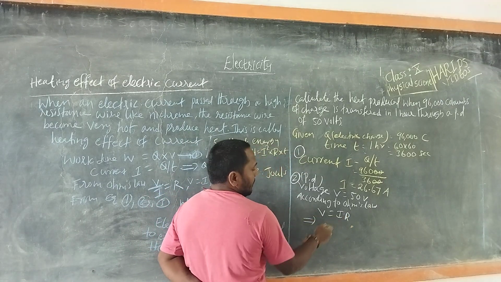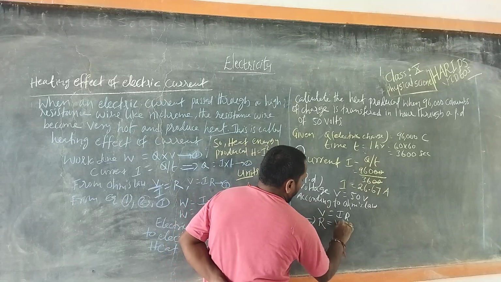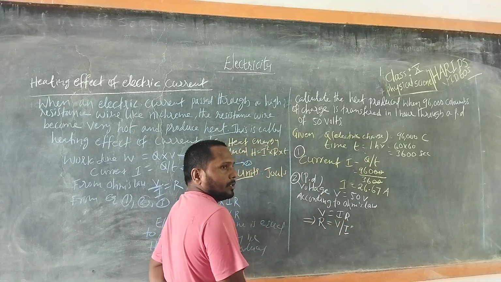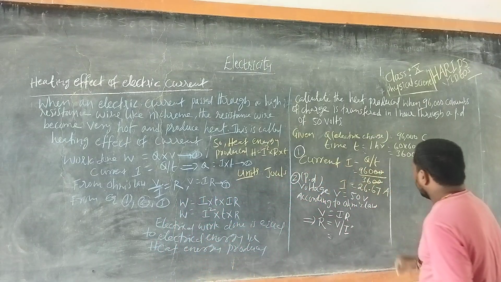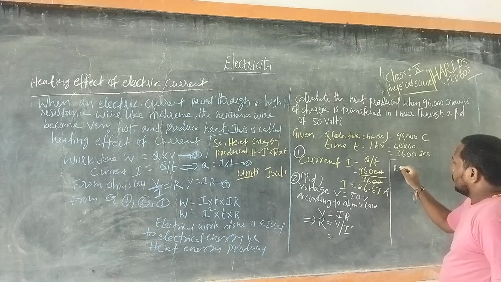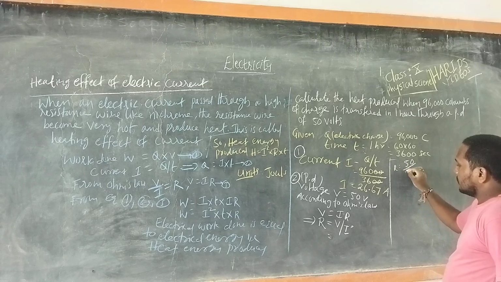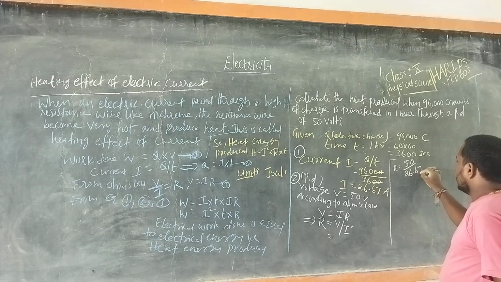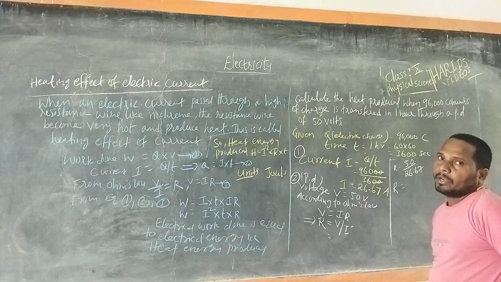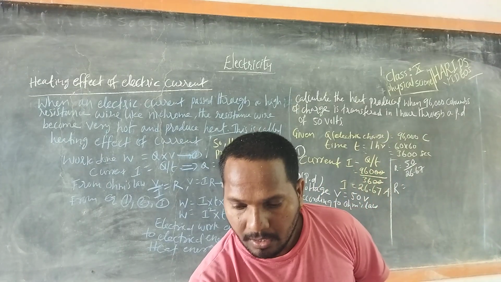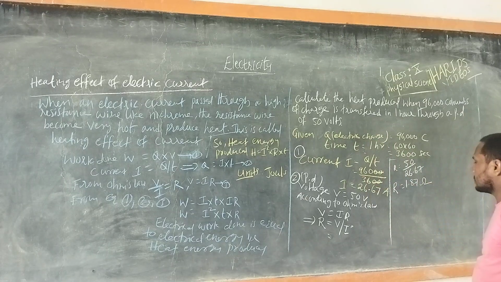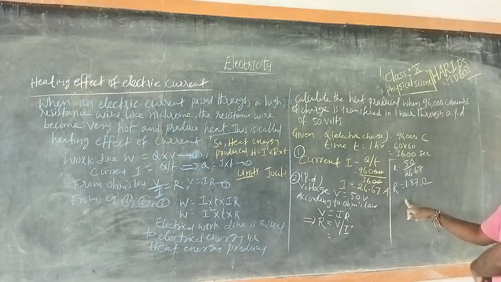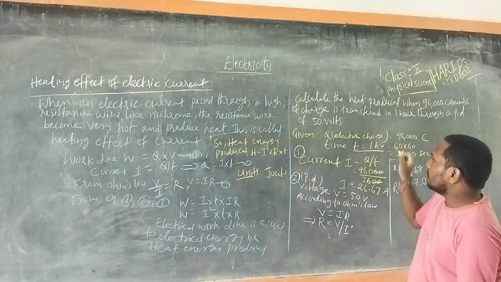From this, you can write R is equal to V by I. That is equal to 50 by 26.67. After the simplification, we get resistance 1.87 ohms. So now we have current, resistance, and time is already there, 1 hour.